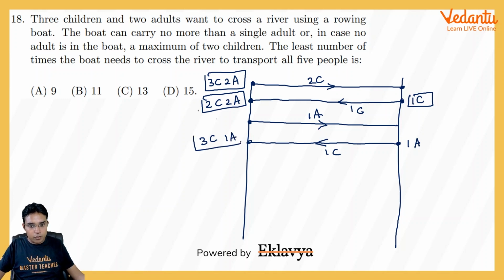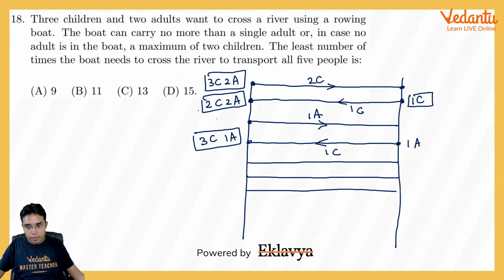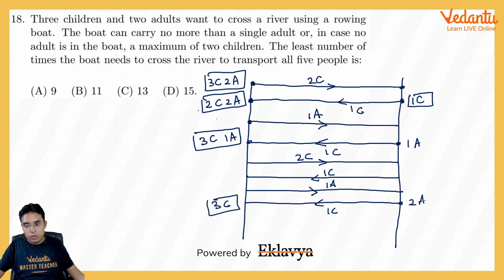So in these 4 rounds, we have sent only 1 adult. Similar to this, if I make 4 more rounds, 1, 2, 3 and 4, then once again 2 kids will be going there, 1 kid will be coming back, then 1 adult will be going there and 1 kid will be coming back, and we will be having 3 kids here, but 2 adults will be there.